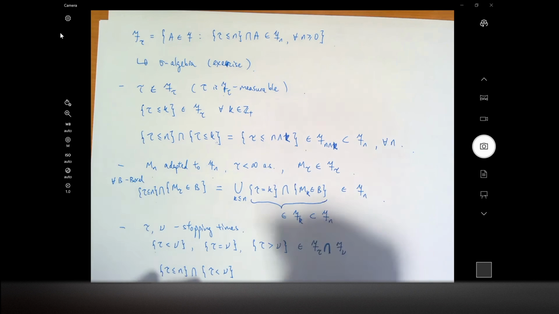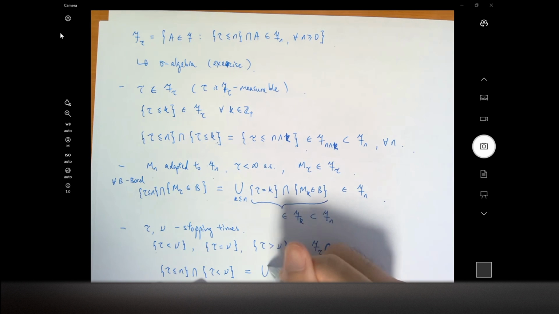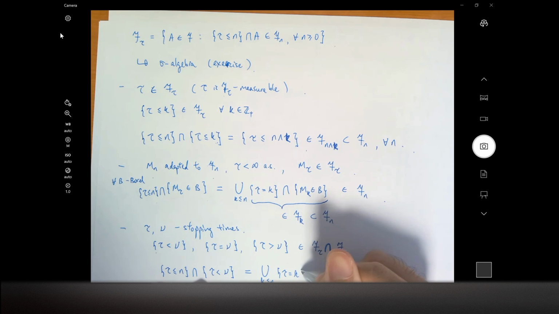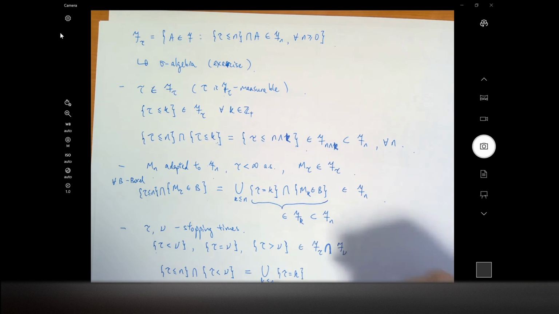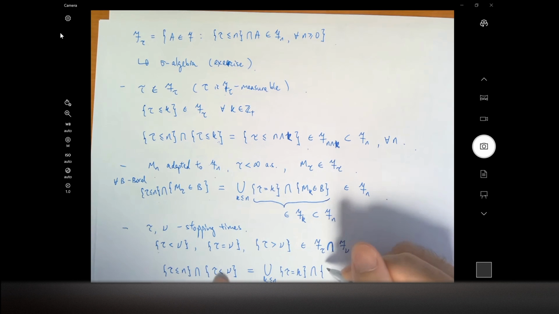So we will use the same technique as above: decompose this into a union over k smaller than n of tau equals k, and then intersect with nu bigger than k, where I replaced tau by k.